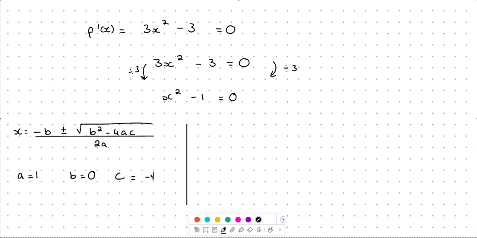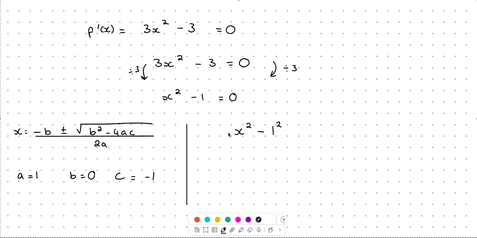The actual nicer way of doing this one is to use your factorizing skills. So you should also be practicing the process of solving a quadratic using factorizing. So this to me is a square number take away 1, which you should know that 1 itself is a square number.